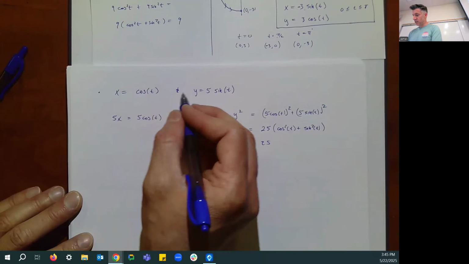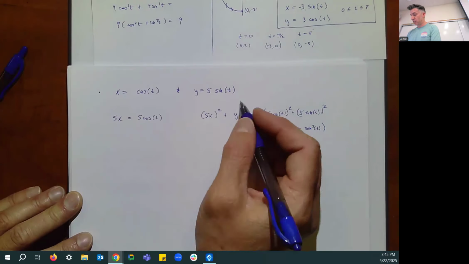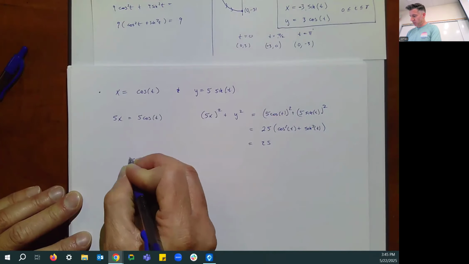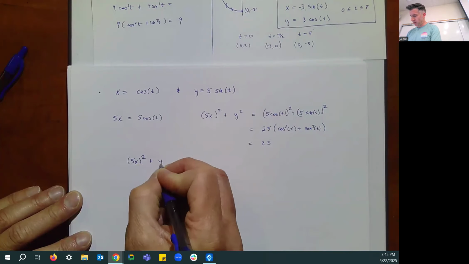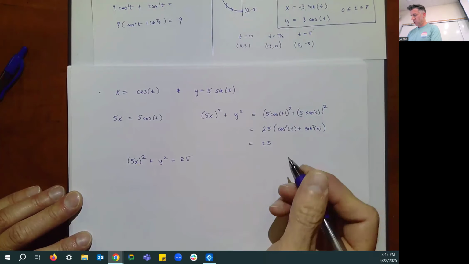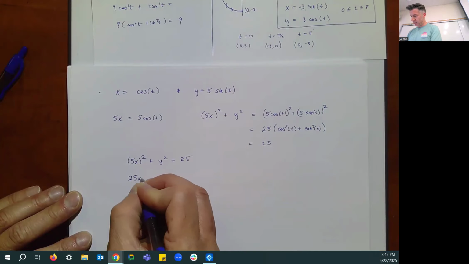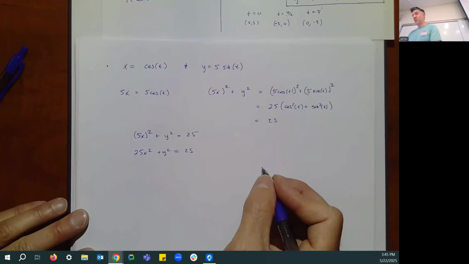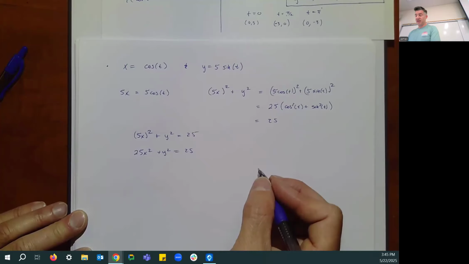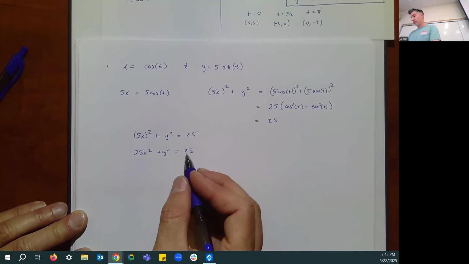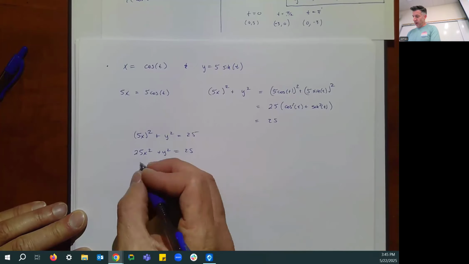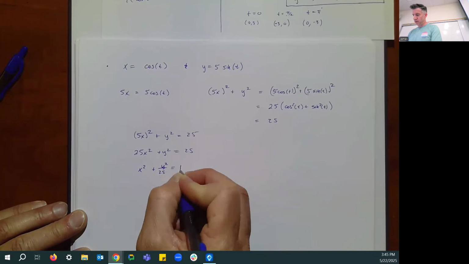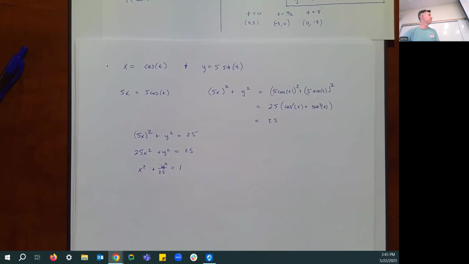So this parameterization leads to the Cartesian equation (5x) squared plus y squared equals 25. Another standard way of writing this is to divide everything so you have a 1 on the right-hand side: x squared plus y squared over 25 equals 1. All these are the same.